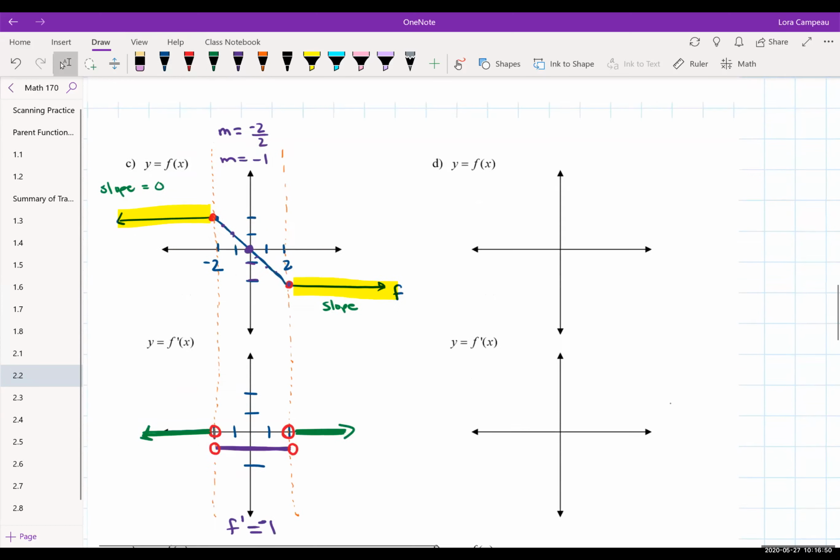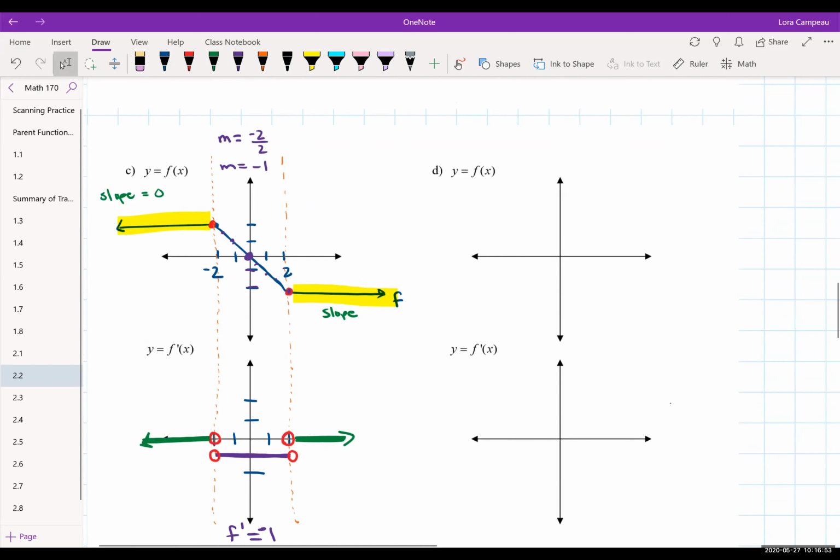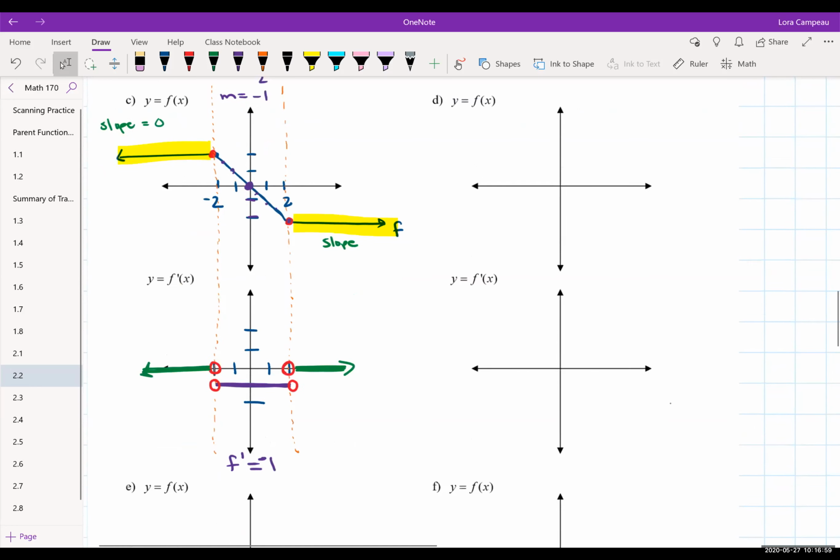So if I could go back just so that we can see one more time. The slope of every point on the line or piece of the function corresponds to what type of graph your derivative will be. So if we look at the left side of the graph one more time, the slope is 0. So if you were to graph y equals 0, we wouldn't really call it y because we're not looking at the function. We are looking at the derivative being equal to 0.